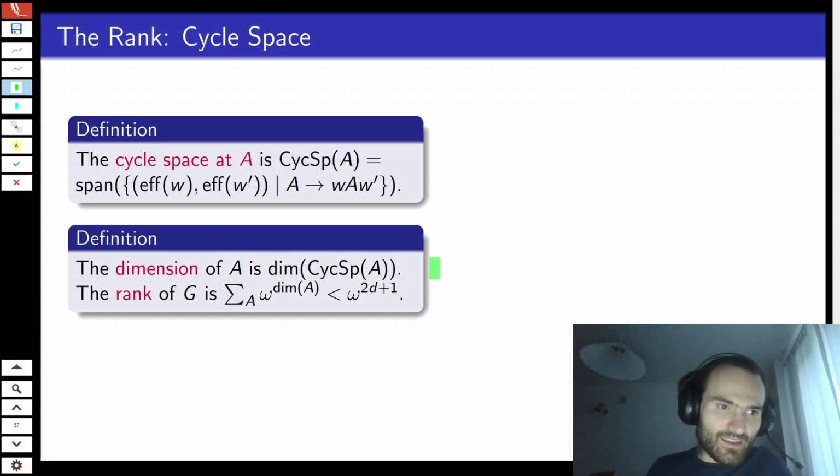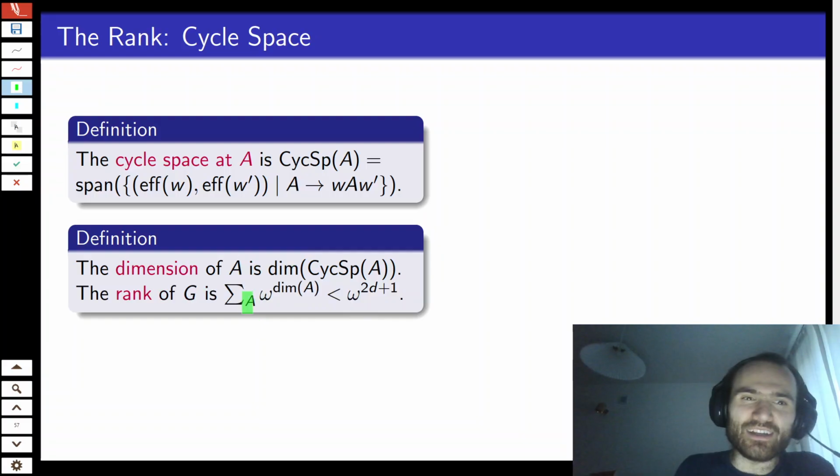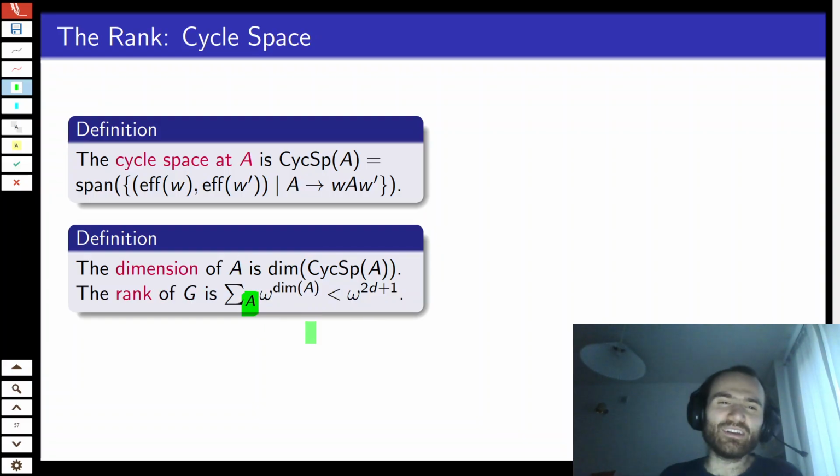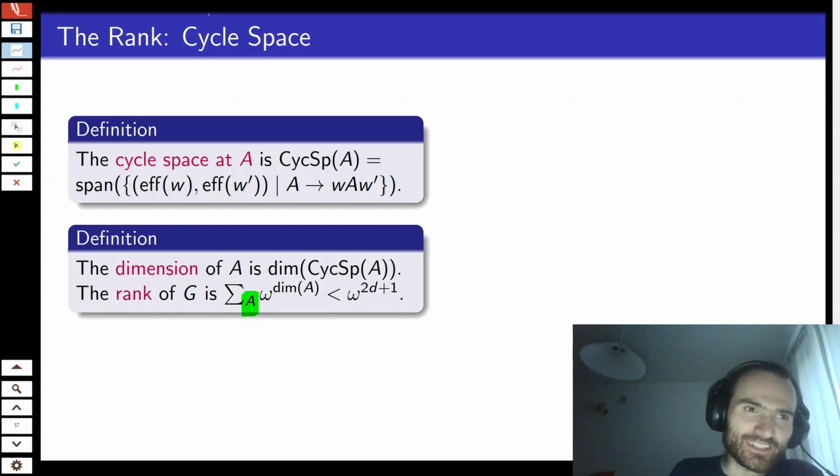And then the rank of the grammar is you take the sum over all the non-terminals of, I write it as an ordinal. You can also think about it as vectors in N^D.